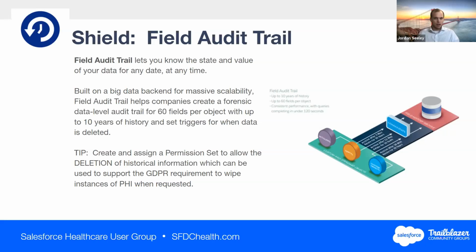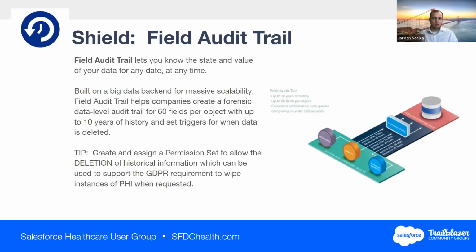What Field Audit Trail does is it increases the number of fields that you have available on each of the different objects that you want to track that history for, from 20 up to 60. And the important part of it from a healthcare compliance standpoint is that it actually increases the number of years that you can store that data for. By default, Field Audit Trail archives the data after 18 months.